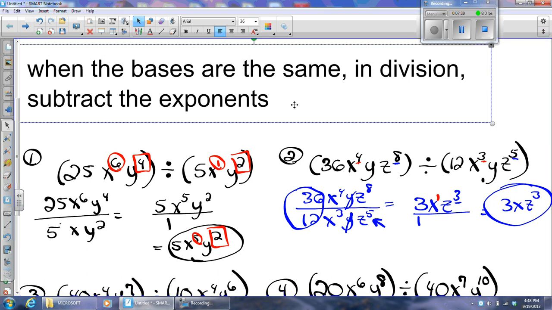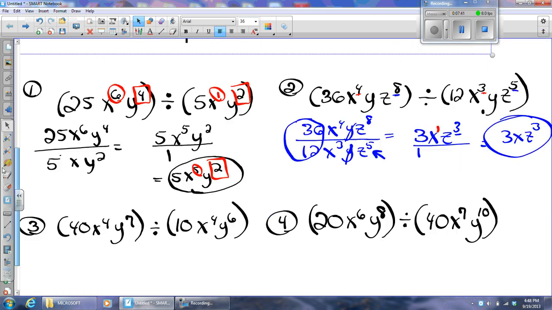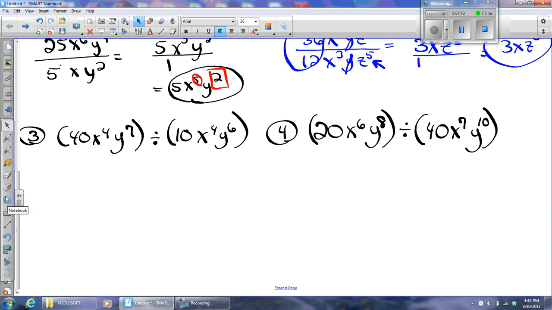So let's come down here and see if we can do this next problem a little bit quicker. Let's get a nice little pen going. I've got 40 divided by 10. I get 4. This might confuse you: x to the fourth divided by x to the fourth. You might go x to the 0.